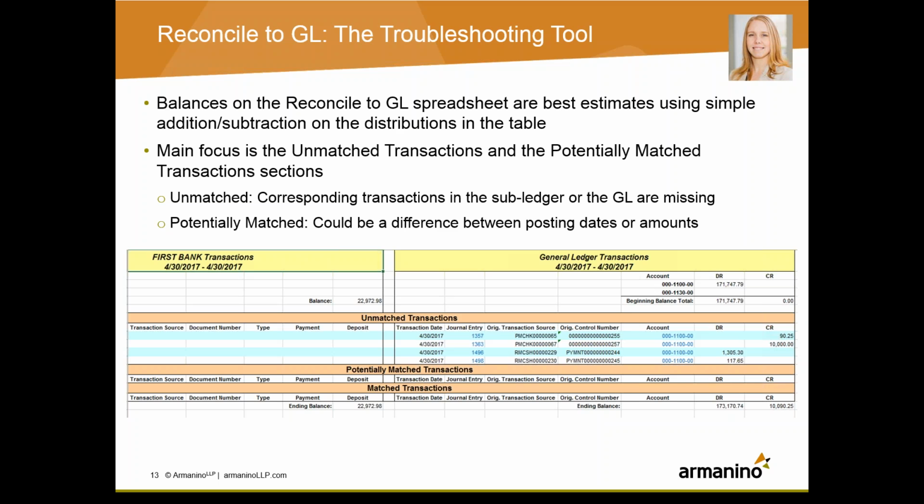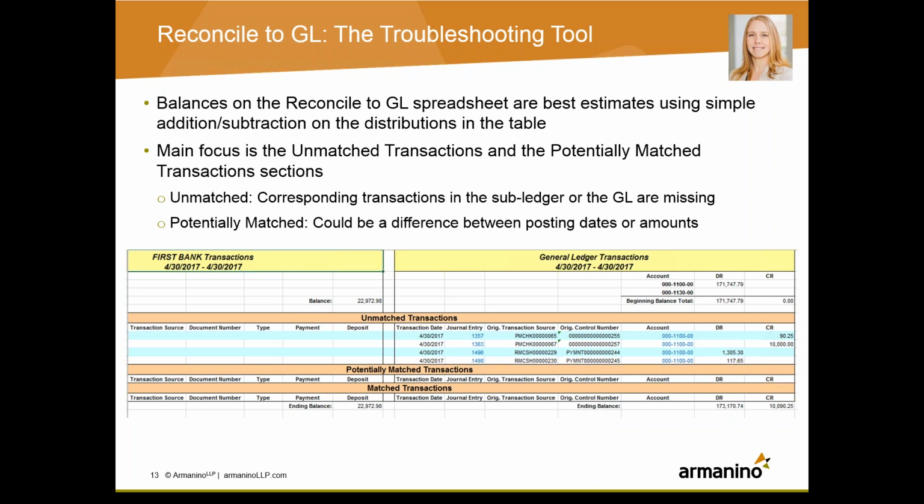The last thing too is, remember we said that the GL looks at the cash distribution account. It doesn't care about the checkbook. The bank module looks at the checkbook and doesn't care about the cash account that's used in the distribution.